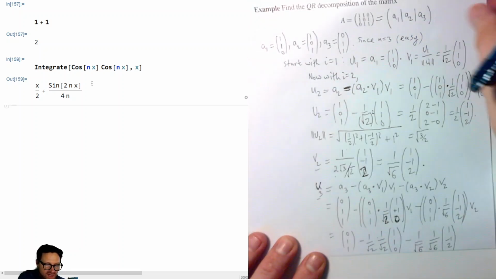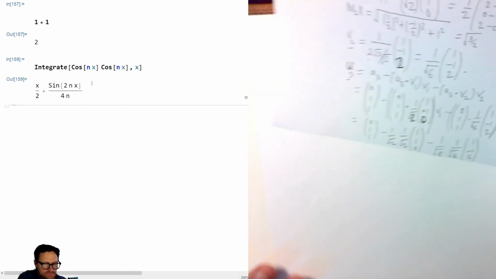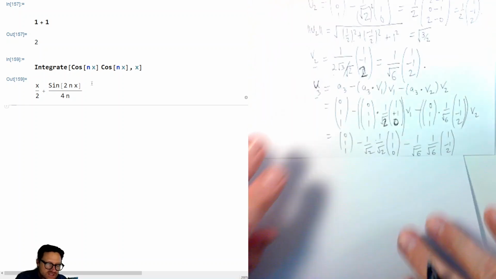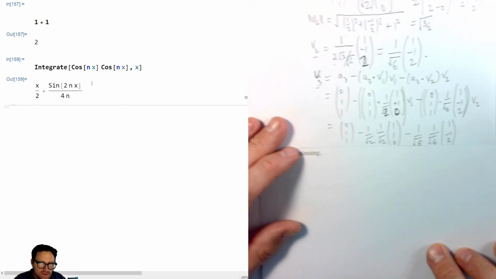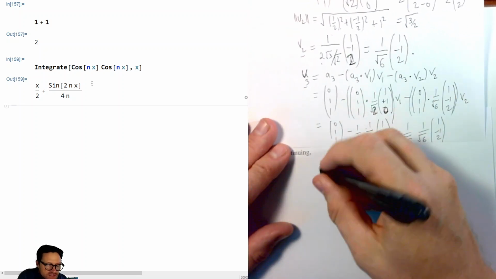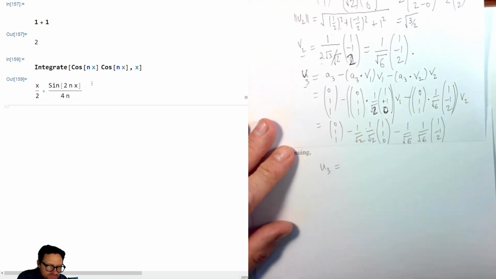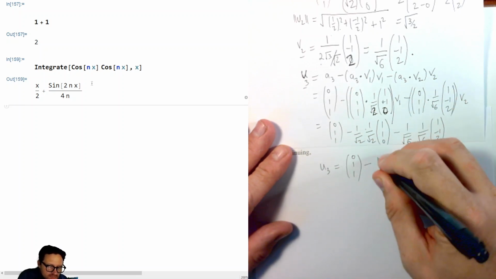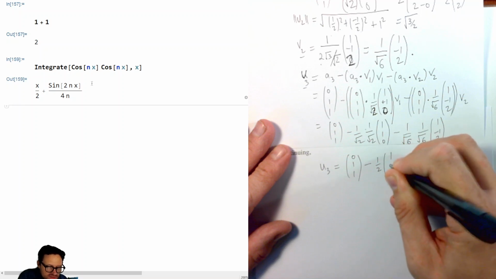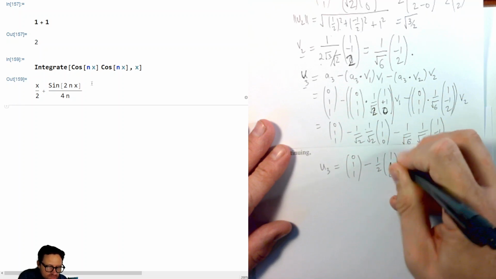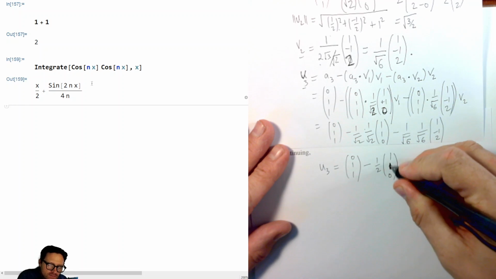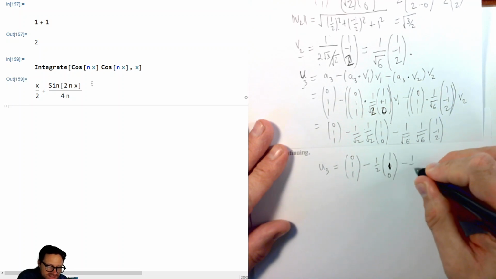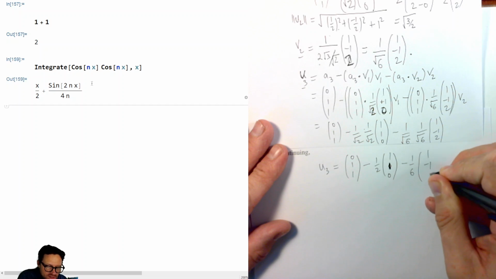All right, we need more paper. So let's move over to the next page. So here U3 is 0, 1, 1 minus 1/2, 1, 1, 1, 0 minus 1/6, 1 minus 1, 2.